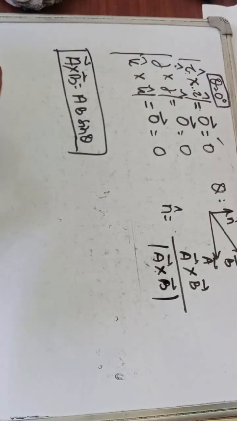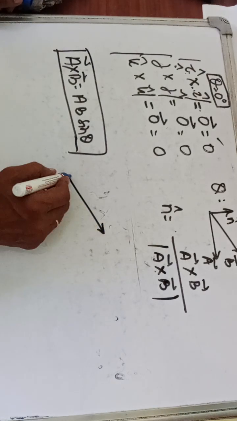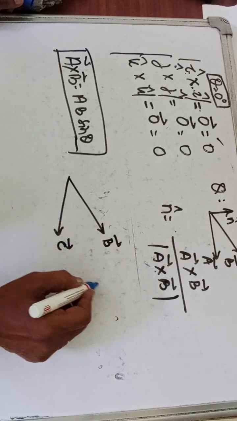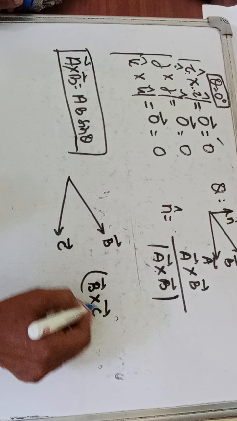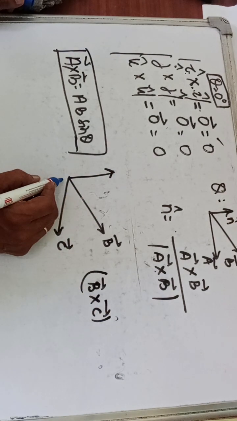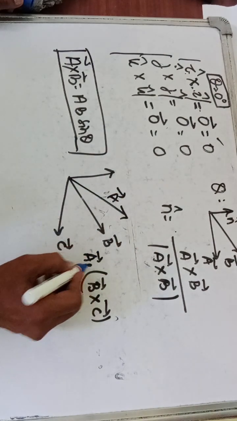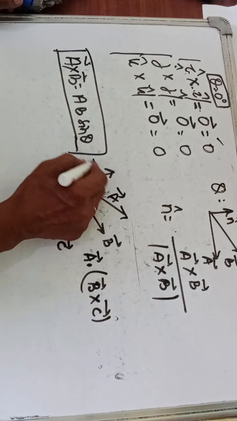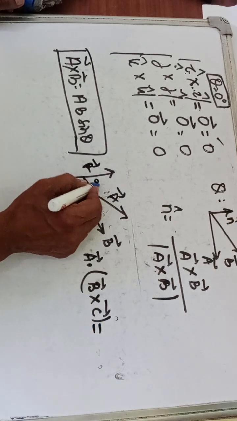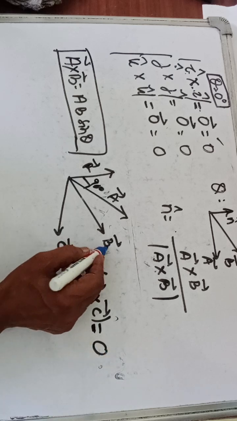If A, B, C are coplanar, say this is B and this is C, then B cross C will be a vector perpendicular to both B and C. If another vector A is lying here, then A dot this vector R gives an angle of 90 degrees, so it will be cos 90, which is 0, and the resultant will be 0.